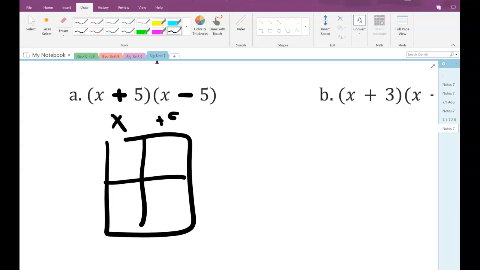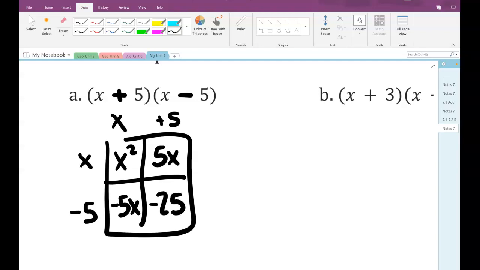This is x plus 5, and this is x minus 5. Here we have x squared, positive 5x, negative 5x, and negative 25. Looking at our like terms now, they cancel each other out because we have a positive and negative of the same number, so it goes to 0.